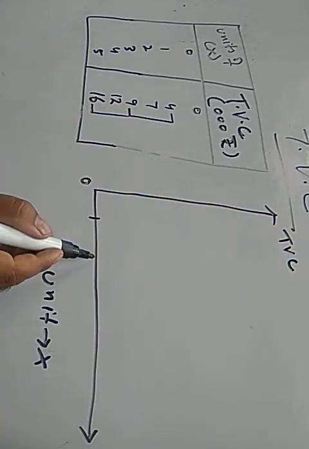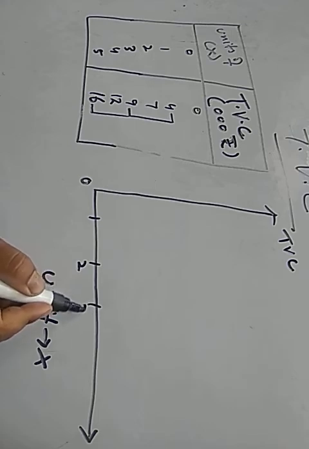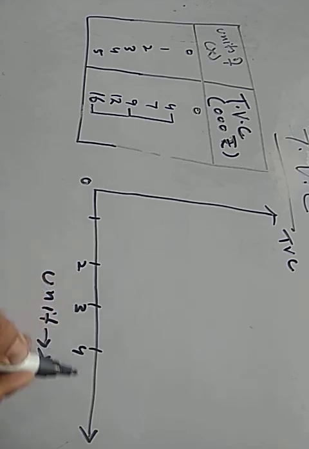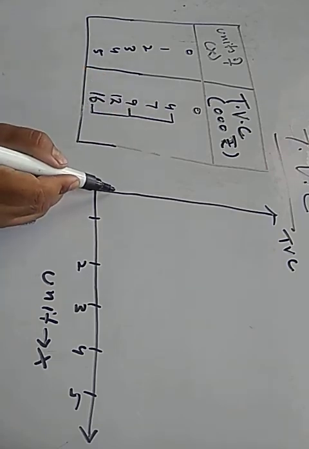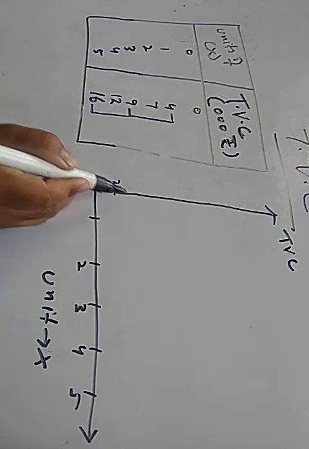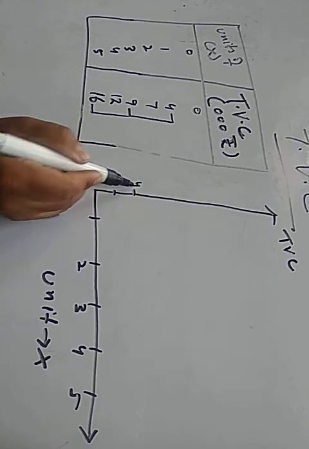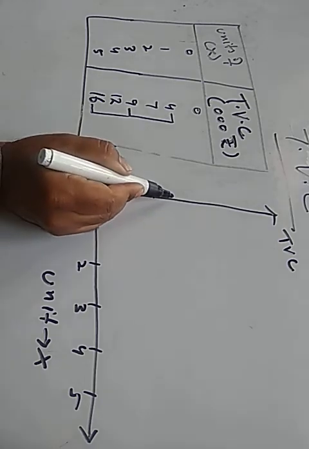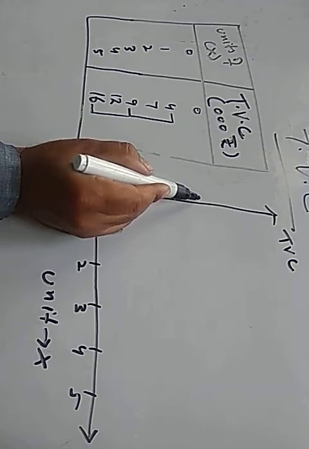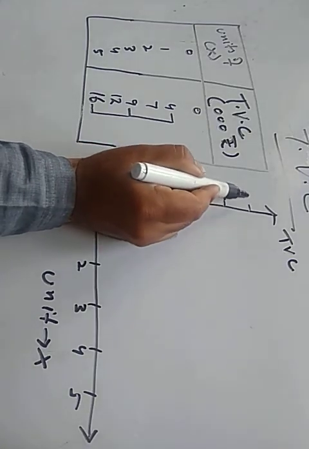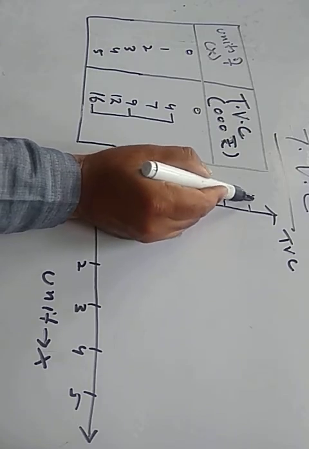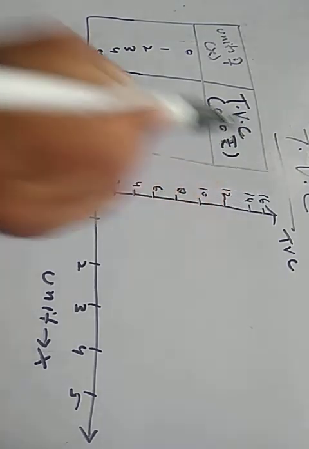The lowest value is 4 and highest is 16. I will start from 2, 4, 6, 8, 10, 12, 14 and the last one is 16,000.